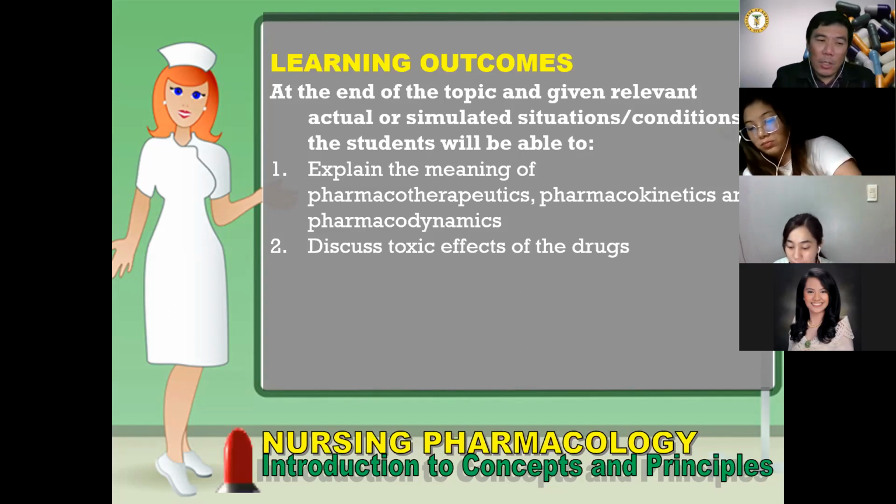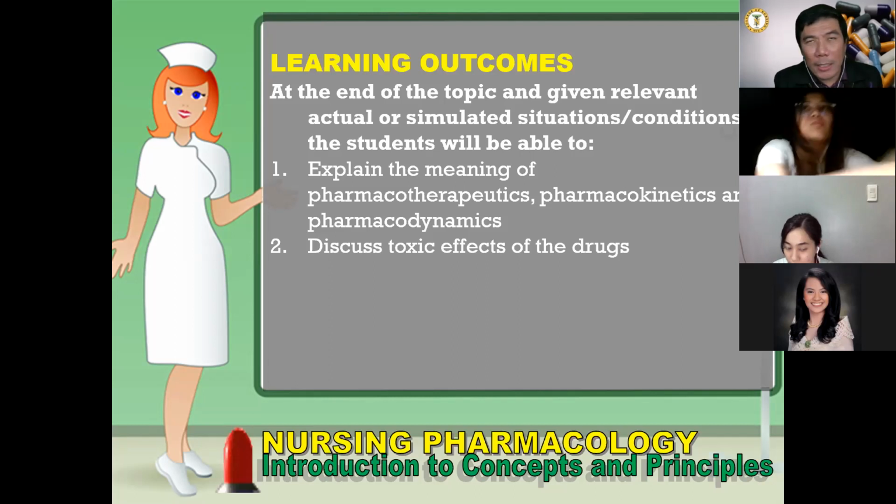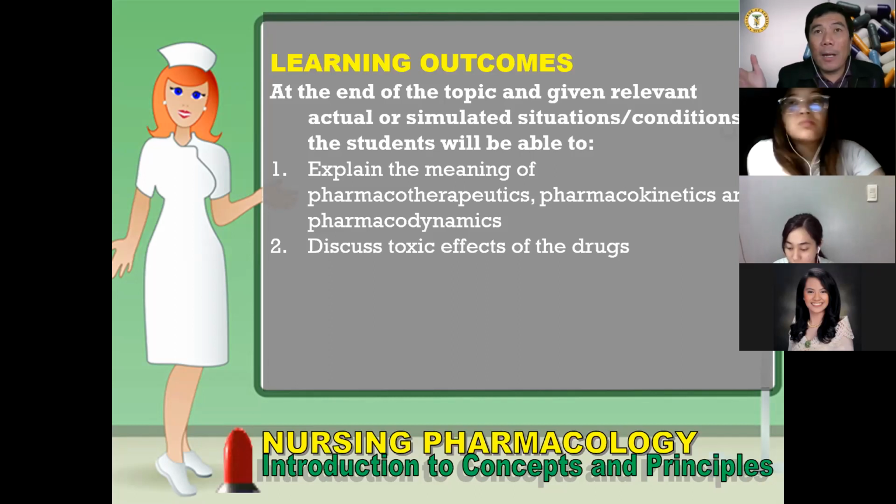And one of the things that you need to take into consideration is that you must be aware of the common antidotes that we have mentioned a while ago. As I have told you, we already have the list identified of the therapeutic level of drugs that the patient may have.